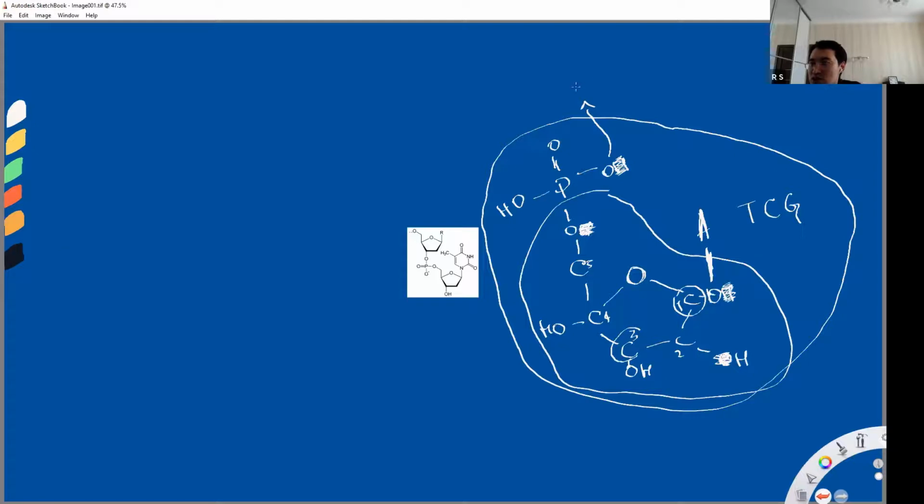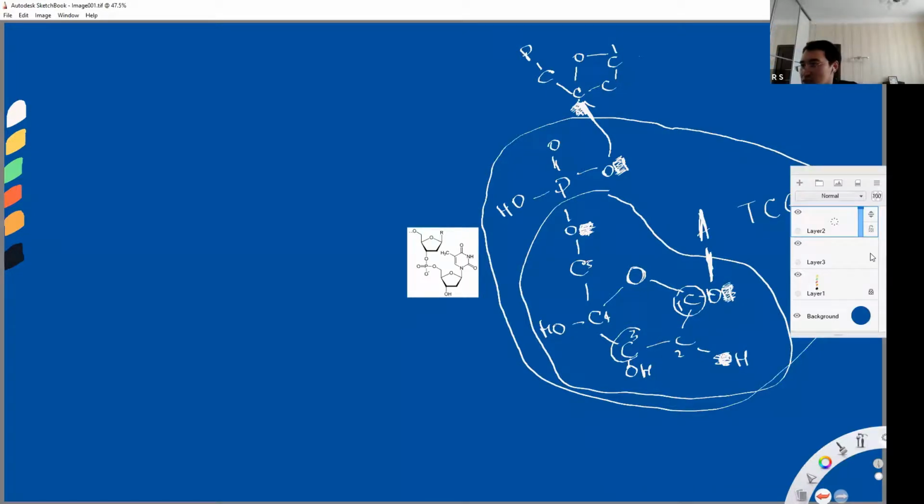Okay, so here we have another nucleotide that is bound to O and then directly bound to this O. So phosphate here and adenine here.